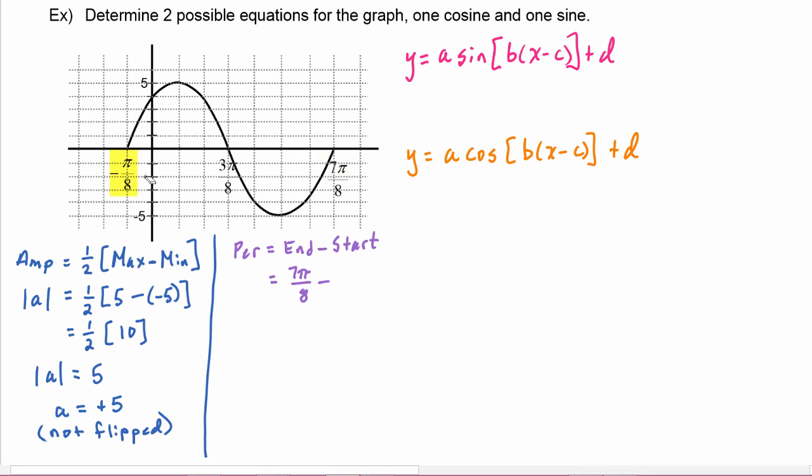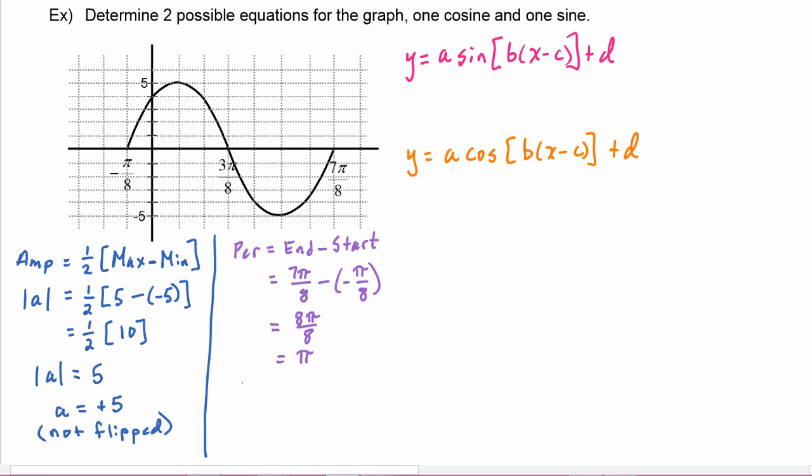The starting point is negative pi over 8. So 7 pi over 8 plus 1 pi over 8 is 8 pi over 8, which of course is pi. So we know that the period is equal to pi.